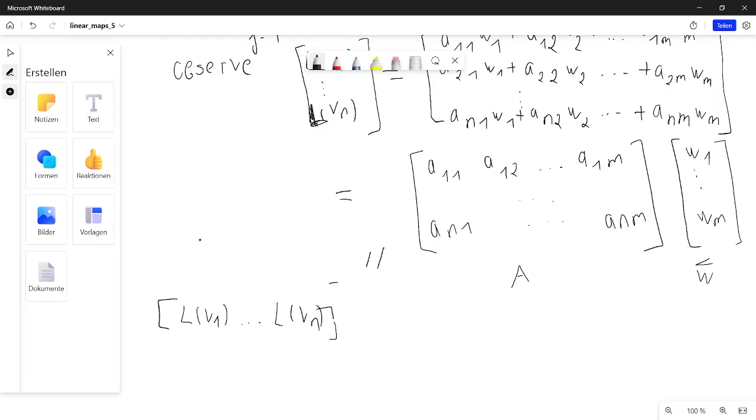So this is the notation for that, not exactly formal. This here, right? And let's transpose this.